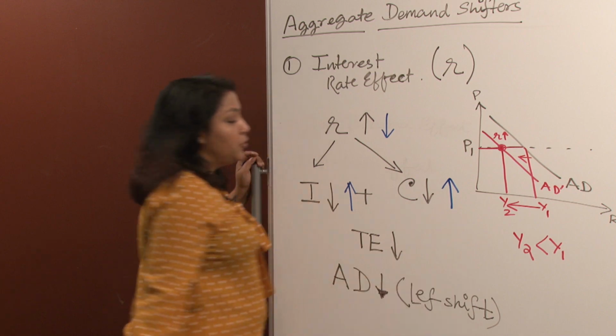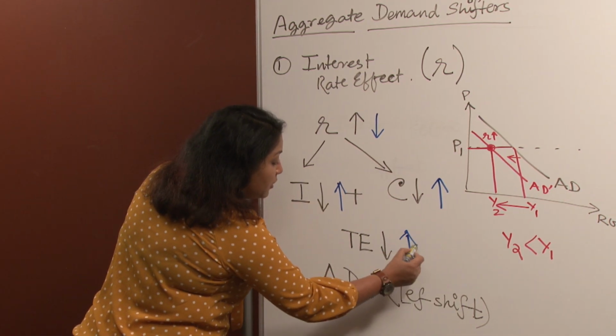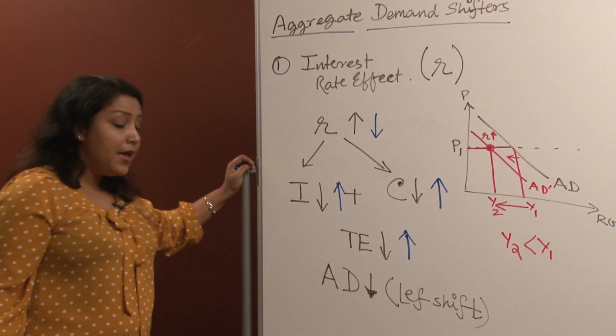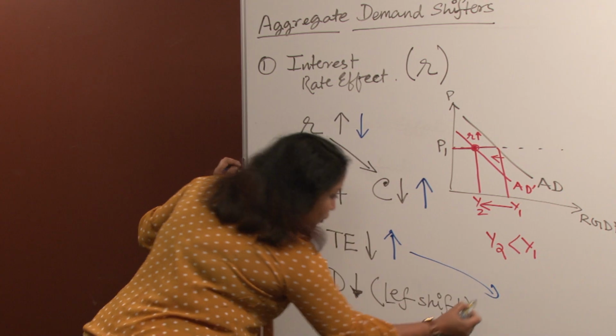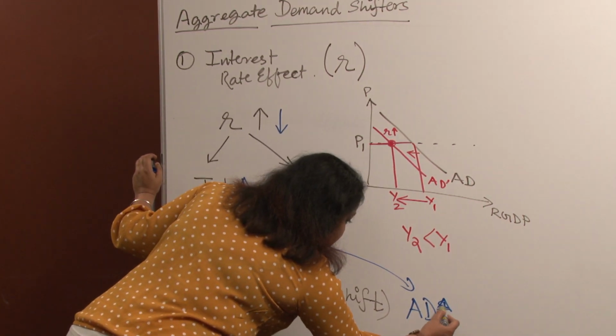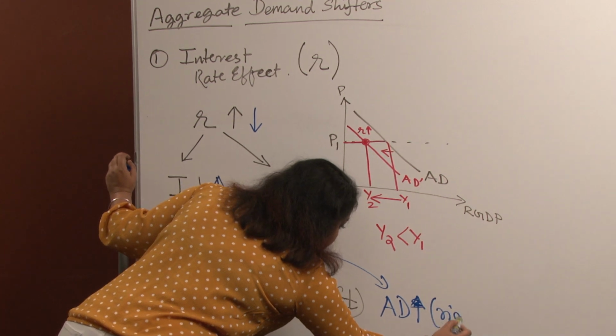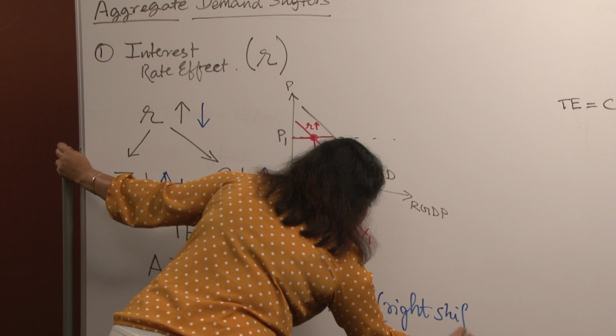So consumption would be higher, and those two taken together, the total expenditure of the economy would be higher, and as total expenditure is higher, you would see that the aggregate demand curve shifts right, because the aggregate demand of the economy increases, right.